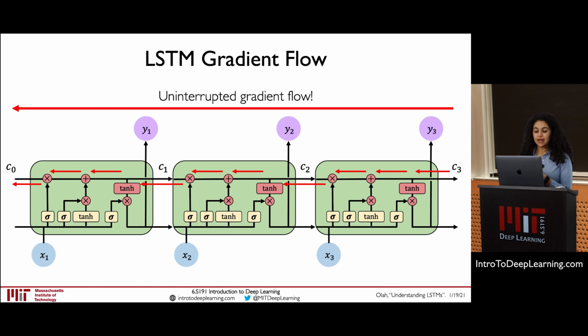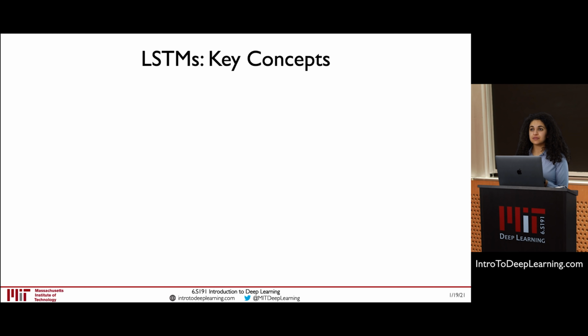This is done by maintaining this separate cell state, C of t, across which the actual gradient computation, taking the derivative of the loss with respect to the weights and shifting the weights in response, occurs. And what this ultimately allows for is that we can mitigate the vanishing gradient problem that's seen with traditional RNNs.